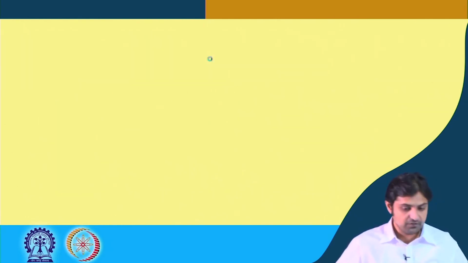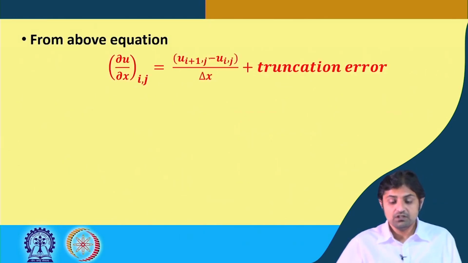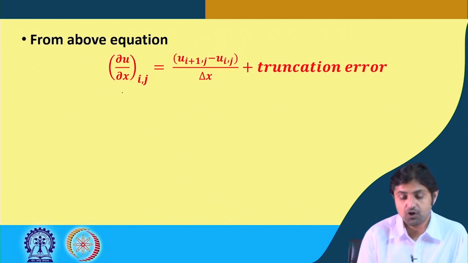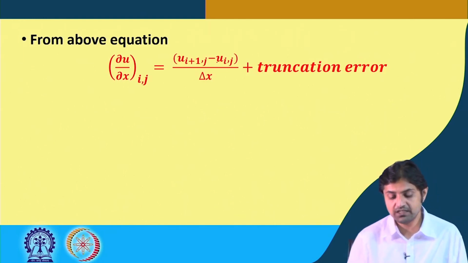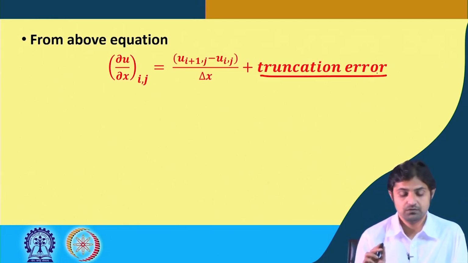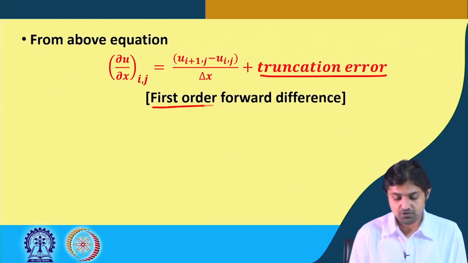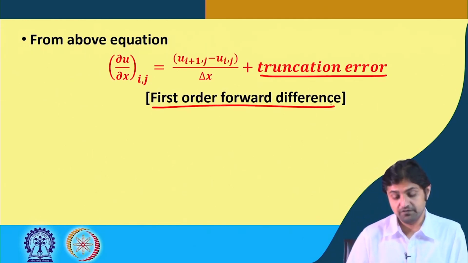From the above first order and second order equations, we can evaluate del u by del x at i,j, which means u of i plus 1,j minus u of i,j divided by delta x plus truncation error, whatever we have left out. This is actually called the first order forward difference.